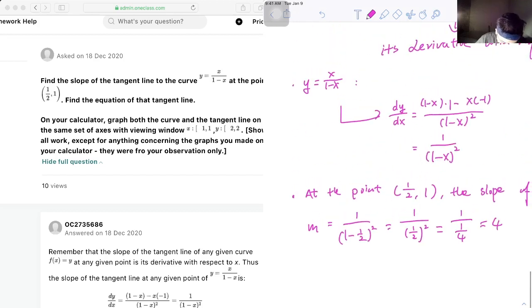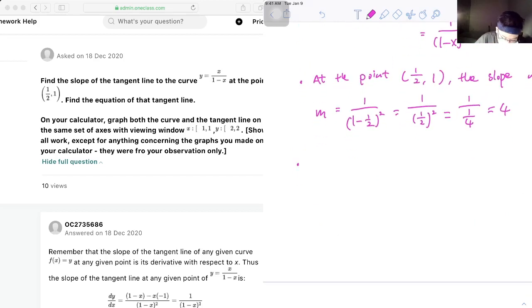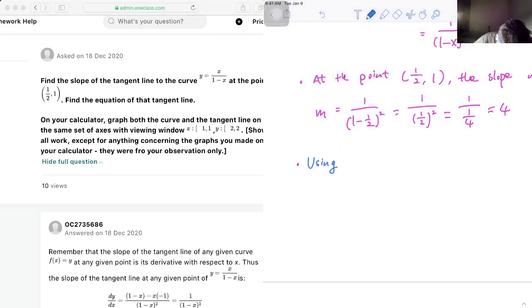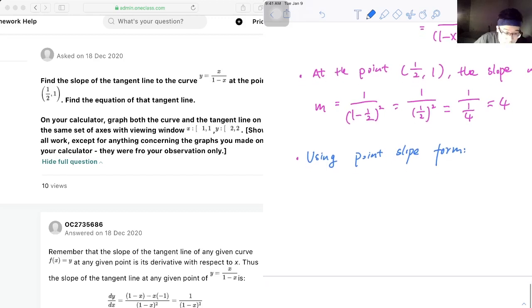Okay, so now we need to use the point slope form, which is given by y minus y0 is equal to m times x minus x0.